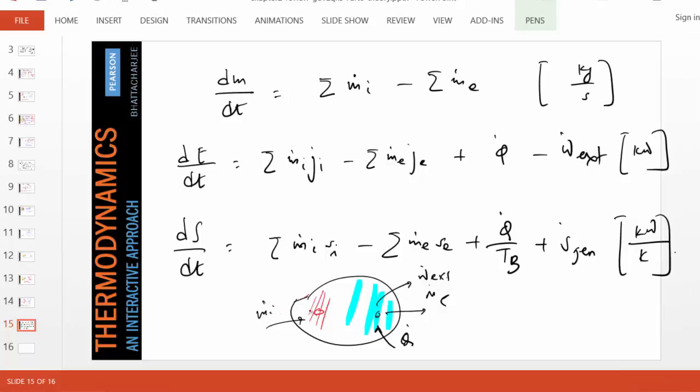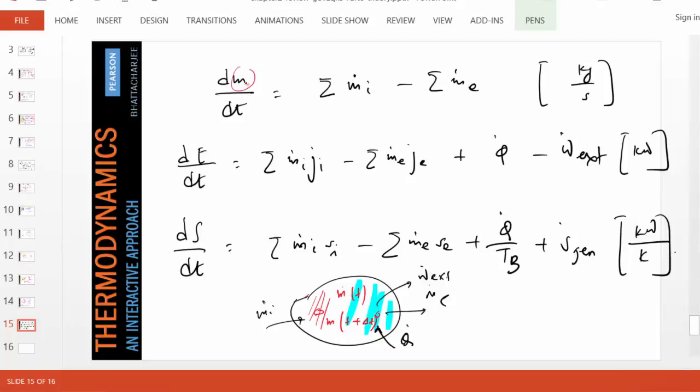So if somebody asks what will happen to the mass of the system, the answer is that if it's steady, the mass of the system cannot change. Even if new mass goes in, some mass must be coming out because the picture is not changing. What does dm dt mean? You find the mass of the system at time t, then the mass at time t plus delta t, subtract the two, and divide by delta t.